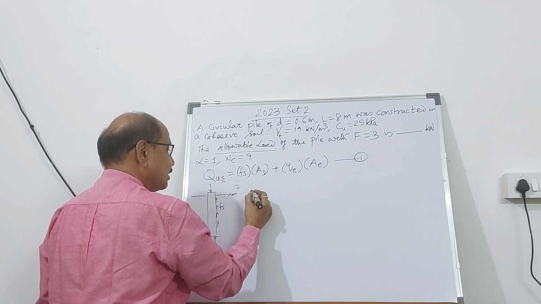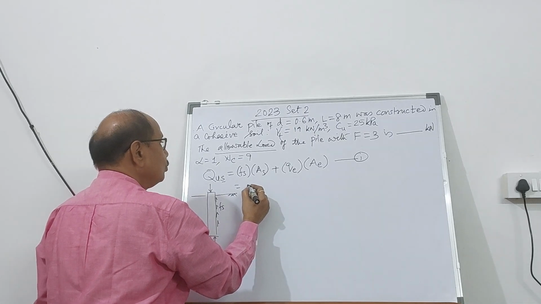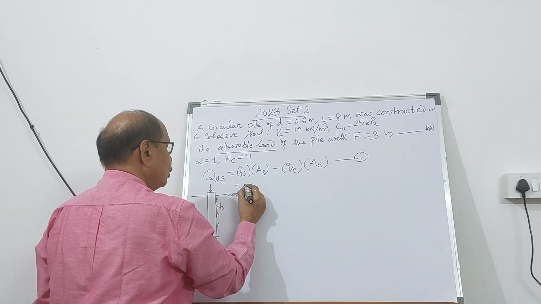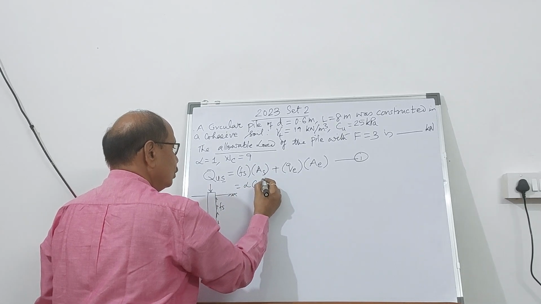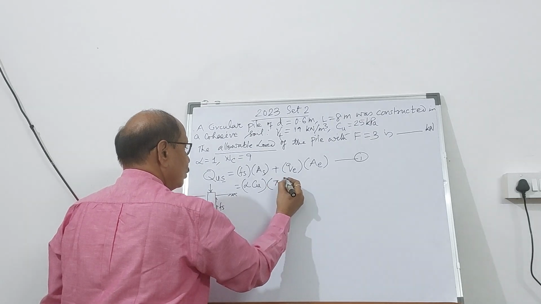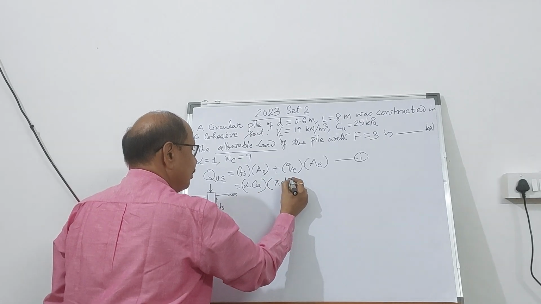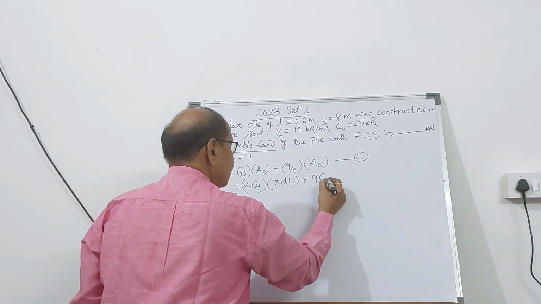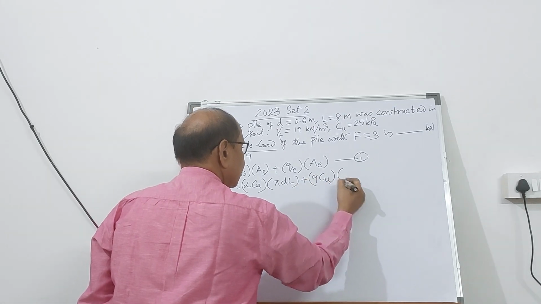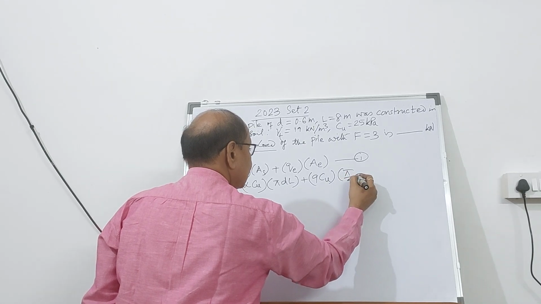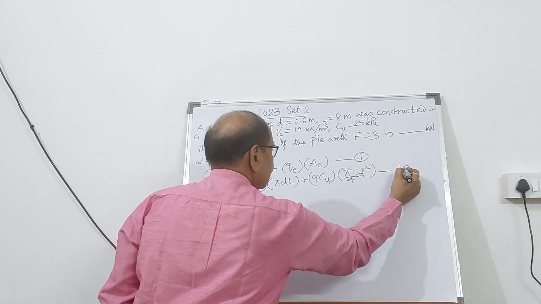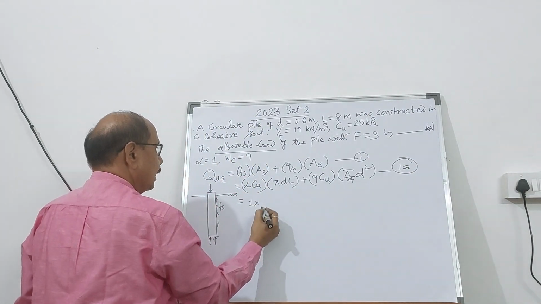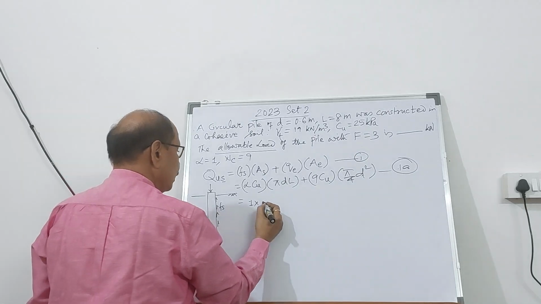And you know, Fs is going to be alpha times Cu. Alpha is already given in this problem as 1. So alpha times Cu into the shaft area, which is pi d into L, plus 9 times Cu into pi by 4 d square, right? So alpha is 1 and the value of Cu is given as 25.